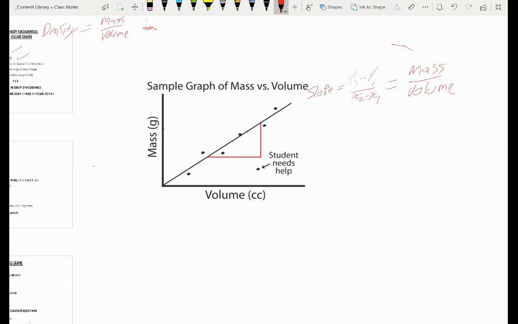And that's a good thing, because it's a characteristic of substances that they have the same density regardless of how much of it you have. It doesn't change. So when you increase the mass or the volume, the other one increases as well, and it stays about the same. They're not perfect. Some of the dots are above, some are below. We get the line of best fit. You guys have heard that before? Yes?